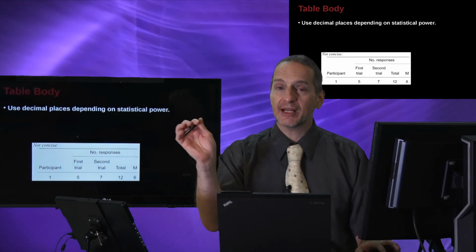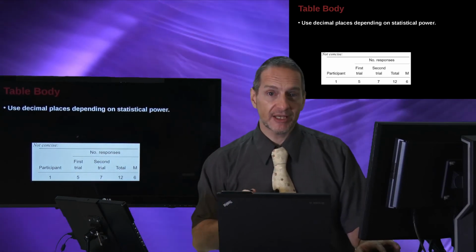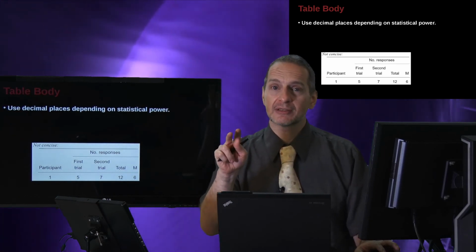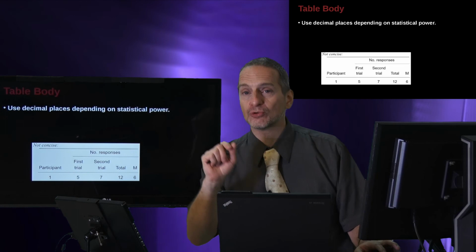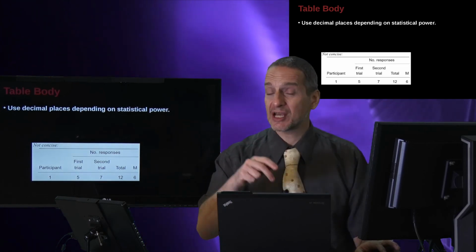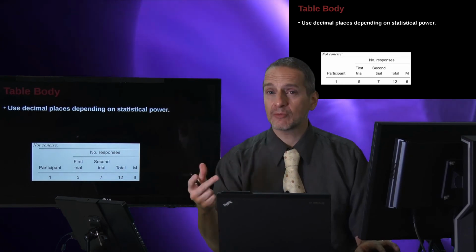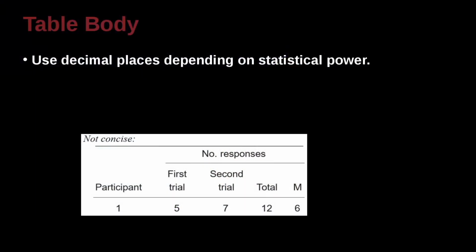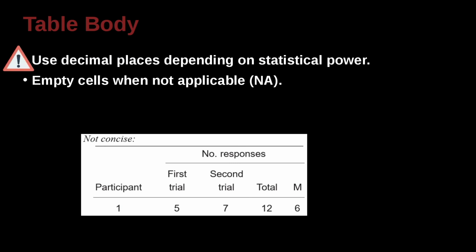So try to keep it to as few decimal places as possible, and often 2 decimal places, 0.12, is probably all the power you've got. And if you have a small sample size of, say, 20, 60, or 100 people, you probably don't even have that much statistical power, and you're probably down to 1 decimal point. So please pay attention to that, because that's often a sign of amateur statistical analysis.